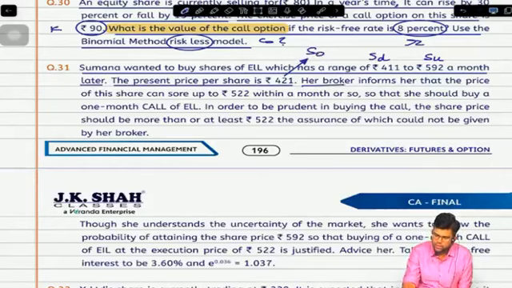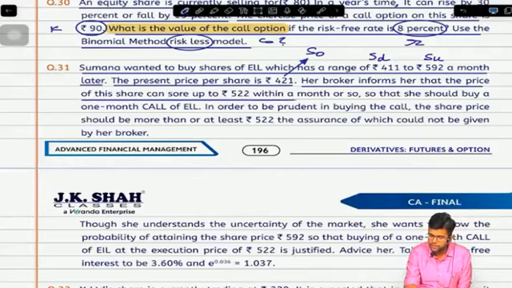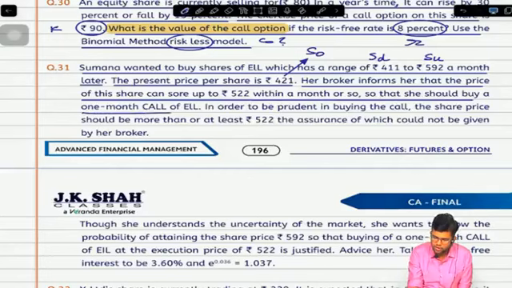Her broker informs her that the price of this share can go up to 522 within a month or so, that she should buy a 1 month call of ELL with this strike price. Students, are you all understanding this?